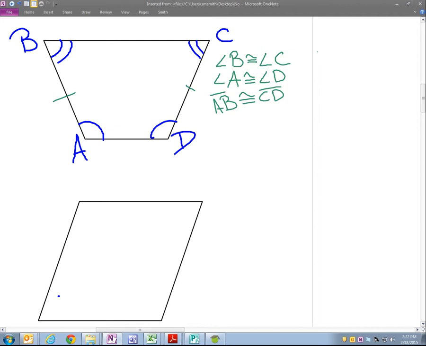This is a trapezoid. Also, we could say AD is parallel to BC.